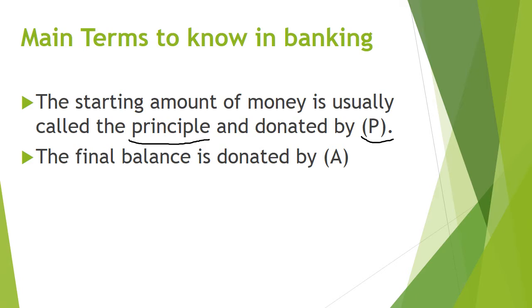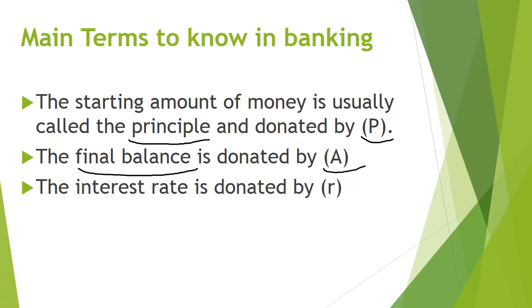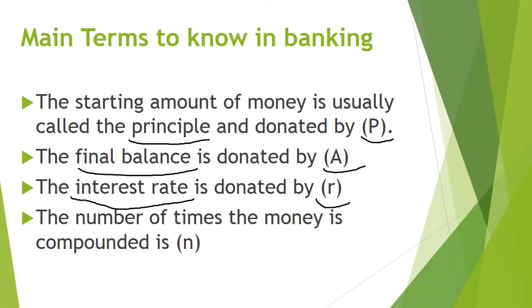The final balance is designated by A. The interest rate, which is a percent most of the time, is designated by R, and to change the percent into an R value, all we need to do is divide the percent value by 100. The number of times the money is compounded is denoted by N.